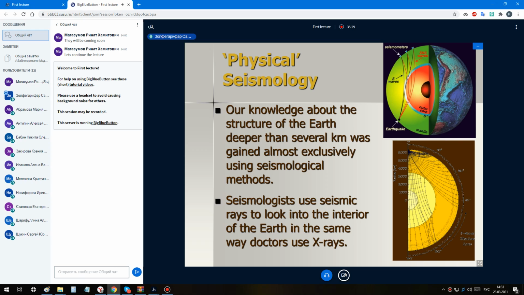Seismologists use seismic rays to look into the interior of the earth in the same way doctors use X-rays. That is shown, for example, in schematic shapes in this slide.